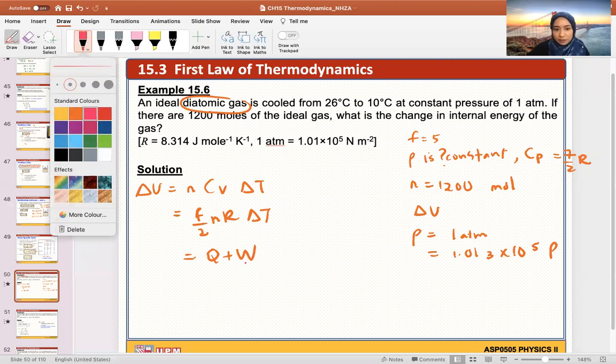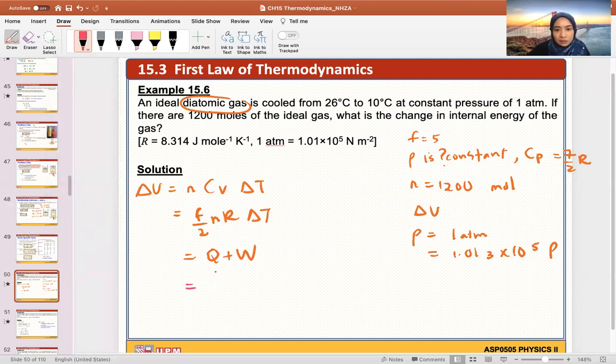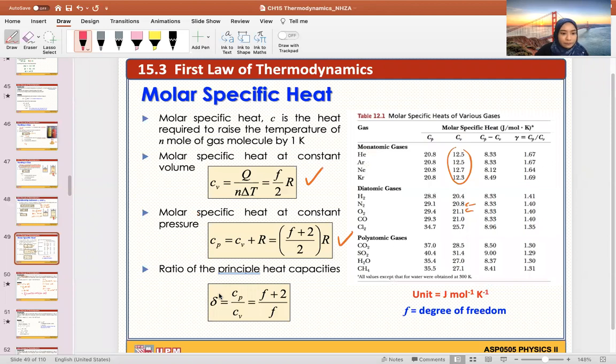Okay, so second equation, diatomic 5 over 2, n is 1,200, R is 8.314, delta T is 10 minus 26, final minus initial, cooled from 26 to 10. So let's see if that is how you do it.